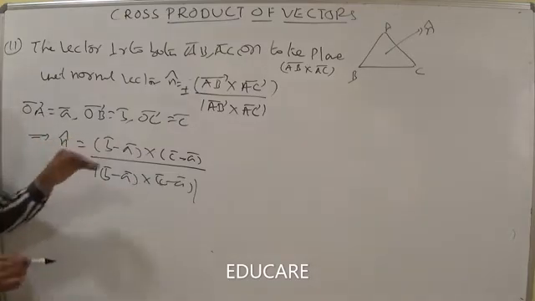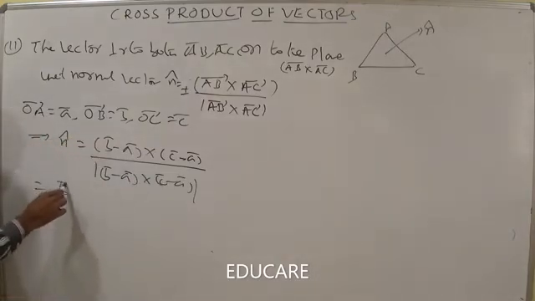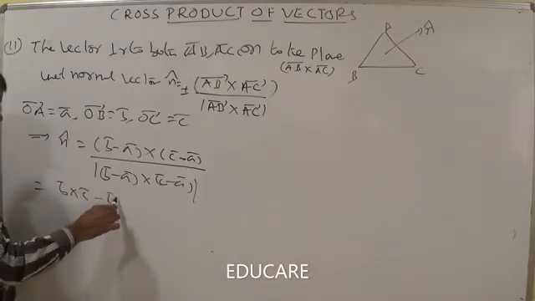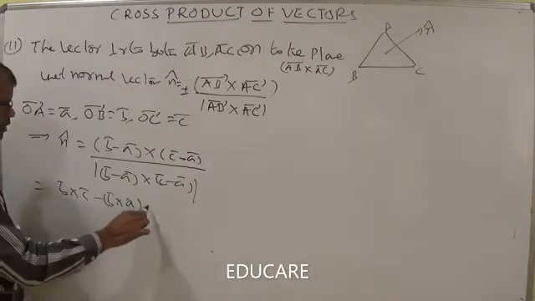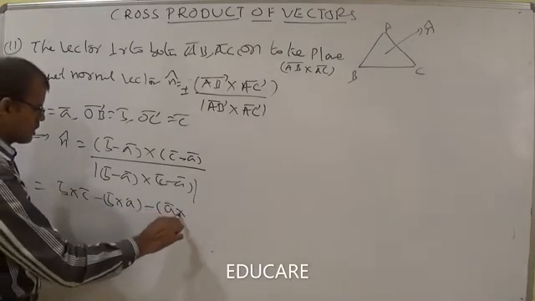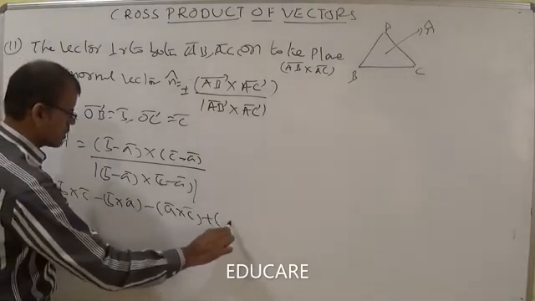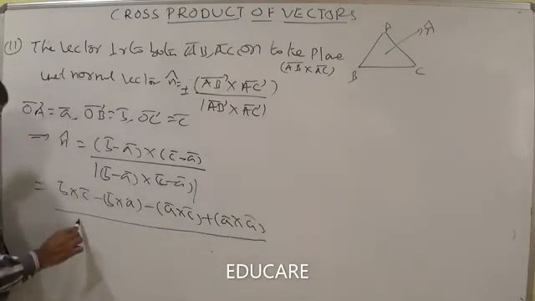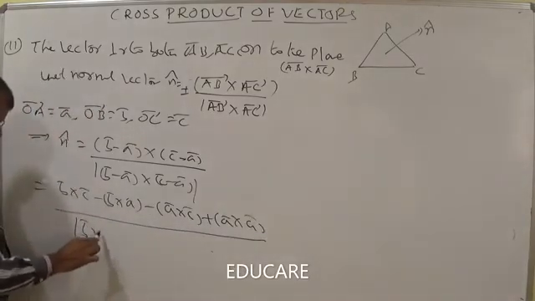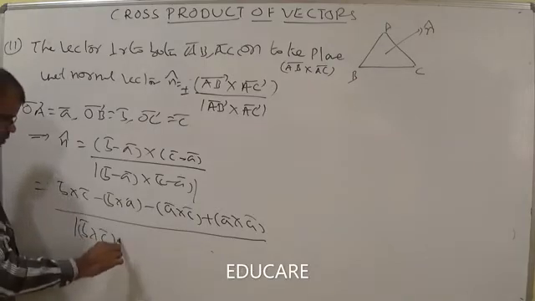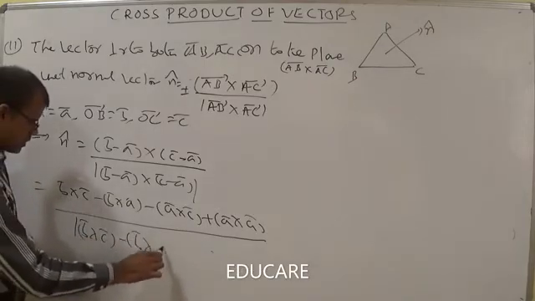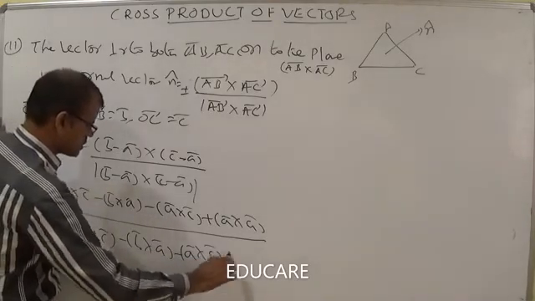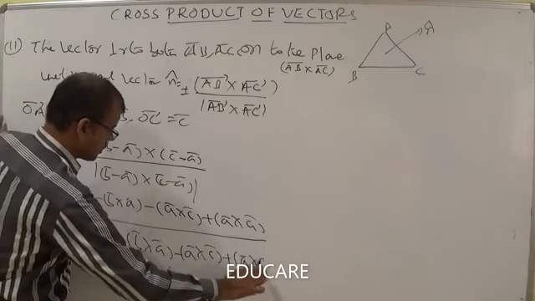Now multiply out: B bar cross C bar, minus B bar cross A bar, minus A bar cross C bar, plus A bar cross A bar.